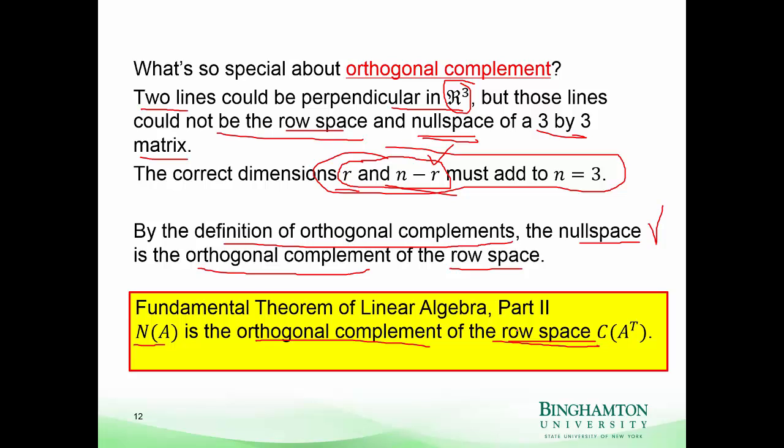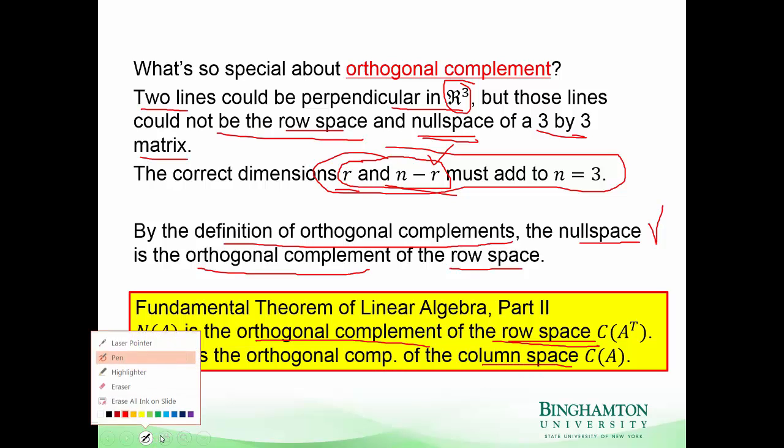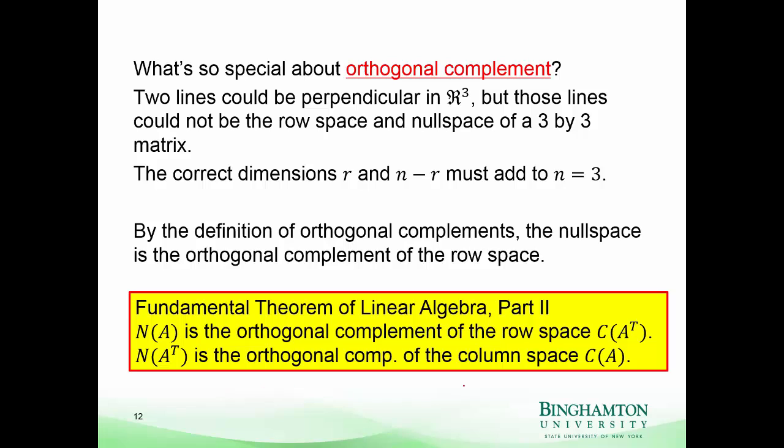That's the only thing that we don't get from part 2. So really part 2 captures almost more than part 1 does. And then we also know that the left null space is the orthogonal complement of the column space. So this is a big, big, big idea.